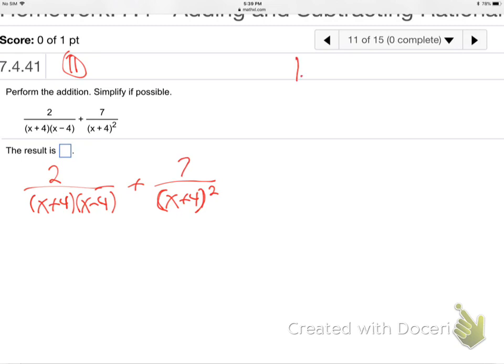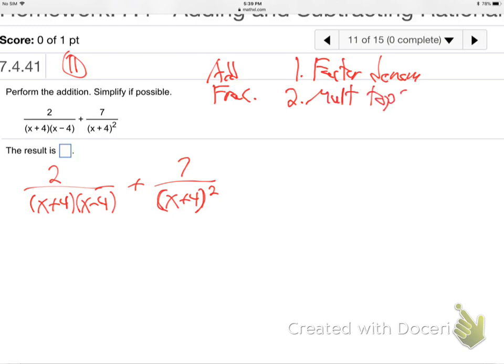So for add, subtract fractions, step 1, factor denominators. We don't have any, we don't need to, they're already factored. Step 2, multiply top and bottom by whatever's missing.